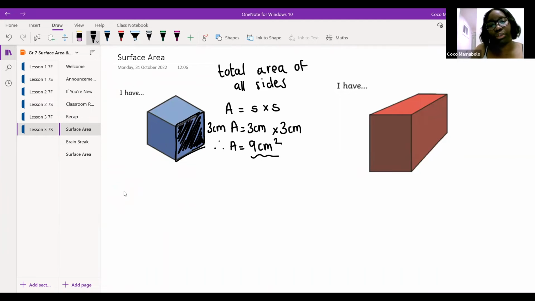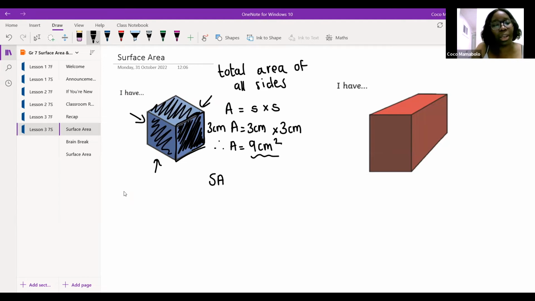What do you think we can do? We can times 9 times 6, because we have 6 faces. So I'm going to take 9 times each of the sides, the back side, the bottom and the other side.